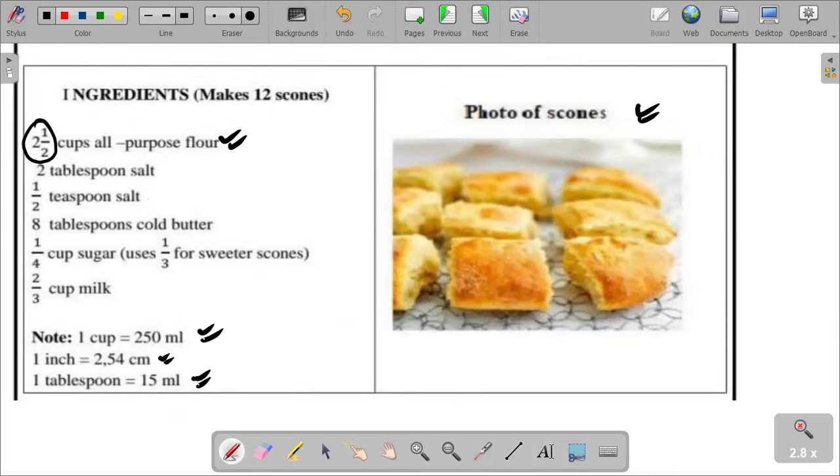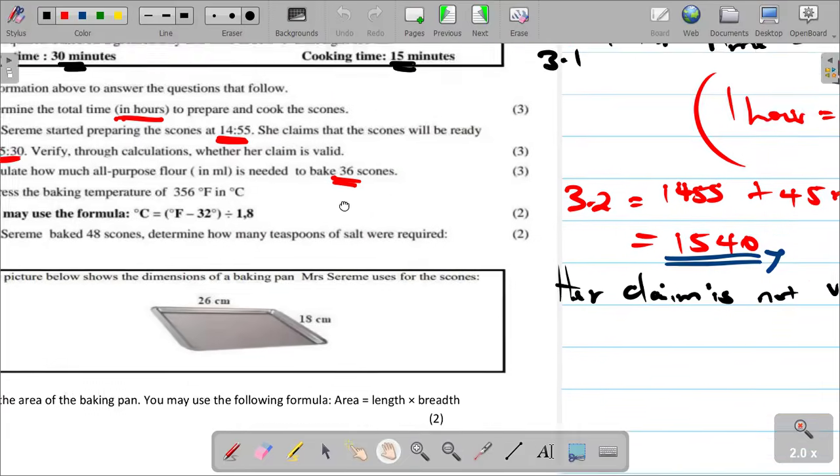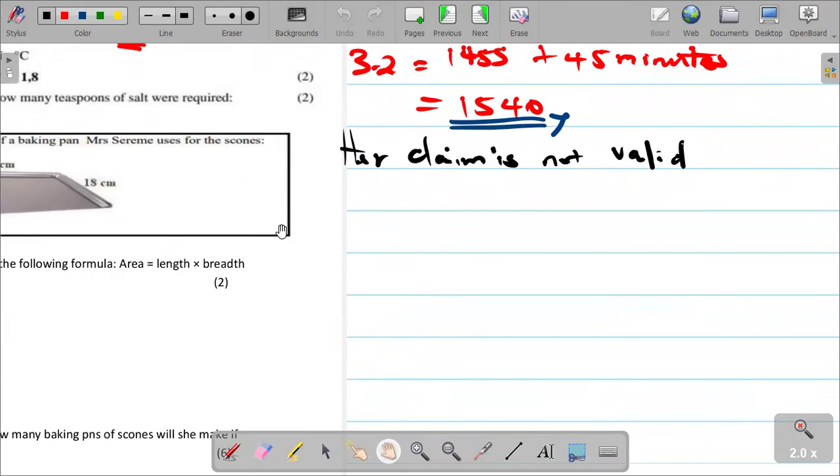In this case, how many scones are going to come out there? So what we need to calculate is 3.3.